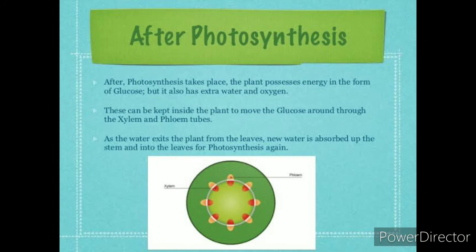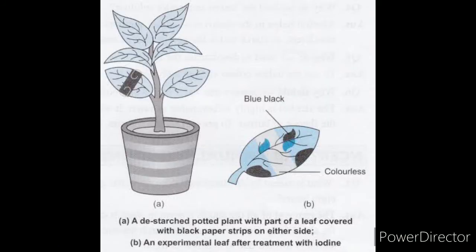You take a potted plant, cover the leaf with black tape, and put it under sunlight. After a while, take the plant from the sunlight and keep it in a dark room, and after that you cut that specific leaf from the potted plant.